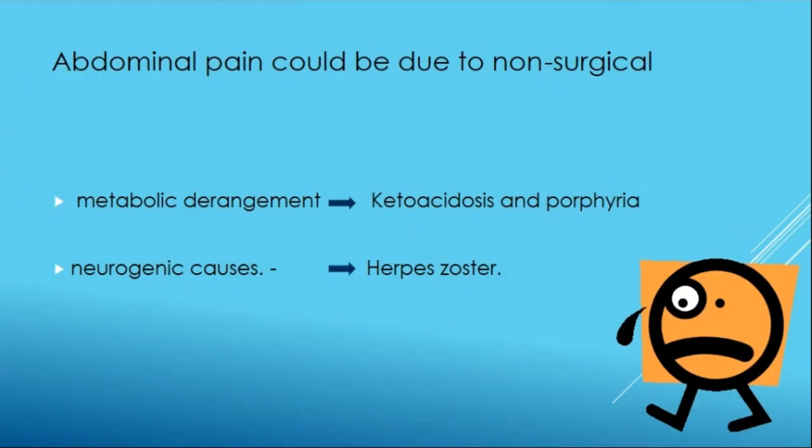So we try to find the cause for the abdominal pain, but we can't, because at the beginning there won't be blisters, right? But these things we have to keep in mind. Another two examples I can give you are MI, especially, as MI patients can come with upper abdominal pain, and lobar pneumonia. So those things we have to keep in mind when you're assessing a patient with an acute abdomen.